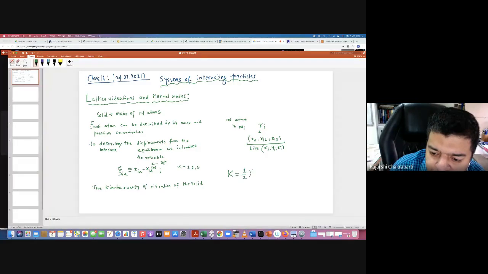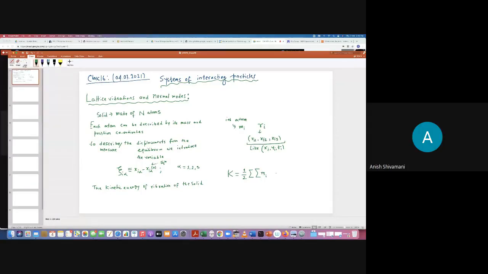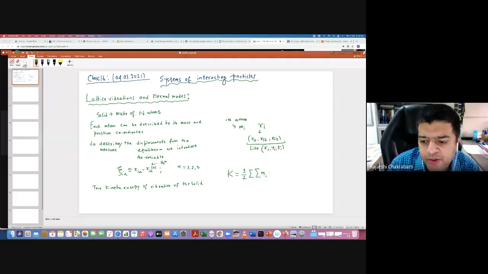I'll have two sums. I hope you understand. mv square. So I assume that all the atoms have same mass. I can also assume they have different mass. So I put mi. Okay, make it more general. And then what should I do? I should actually write like this: xi alpha dot square.